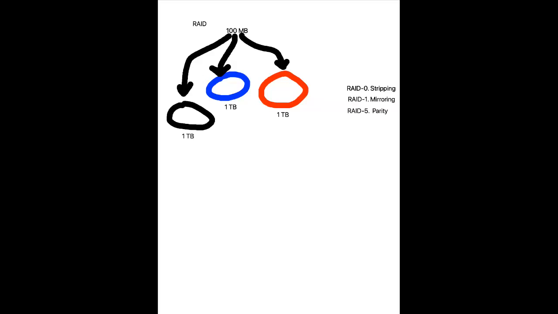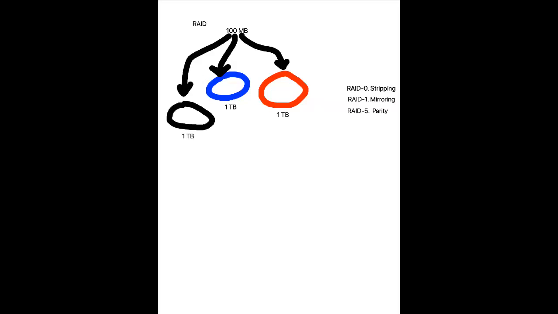In case of RAID 1, because data is replicated, exactly half capacity will be available for us, so 1.5 terabyte.